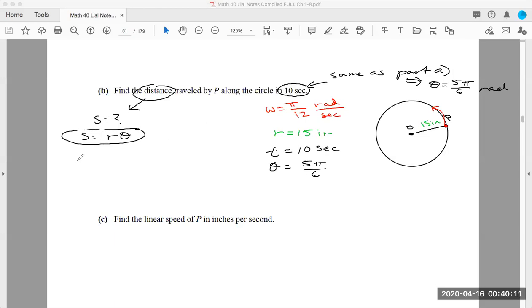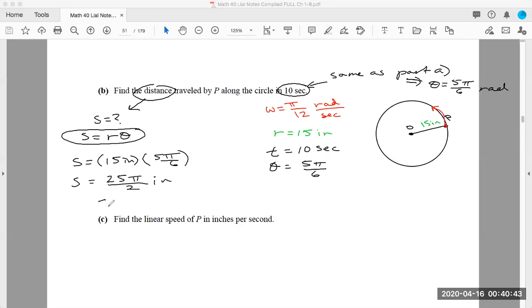So go ahead and plug in. And then we wind up getting 25 pi over 2, and that would be in inches. Now that does sound a little strange, right? How often do we say I've gone 25 pi over 2 inches in distance?